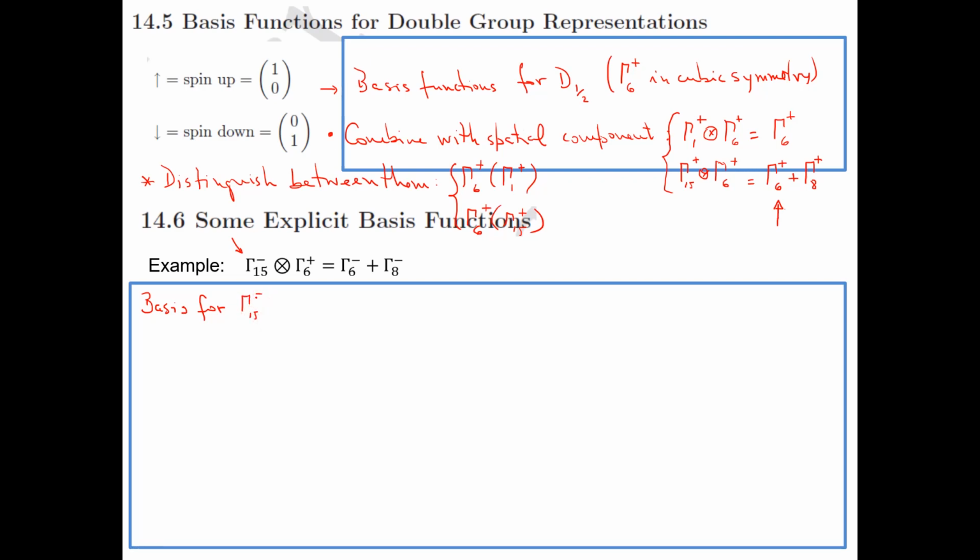And not only the vector x, y, z components, but another possibility is to consider p orbitals, px, py, and pz.